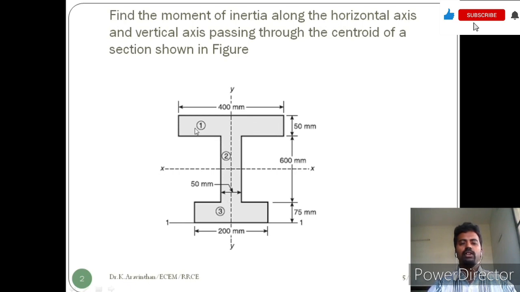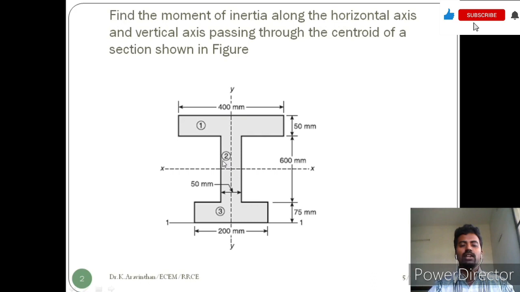This is technically known as the flange part, this is the web part, and another flange part. So 2 flanges and 1 web part are available in this section, and the dimensions are 400 is breadth and 50 is depth. So B is breadth and D is depth.